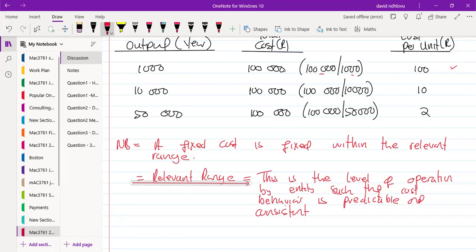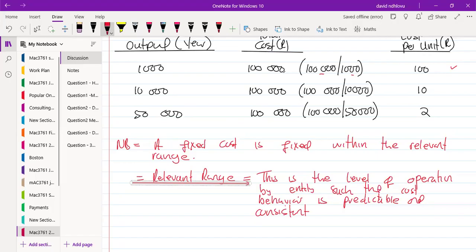However, if the company wants to go over and above the 100,000, they do not know what is going to happen to cost, because they've never operated within that space. So anything over and above 100,000 is outside the scope of the relevant range. As an entity, we can only predict cost behavior within the relevant range, which is the range that we have operated in before.